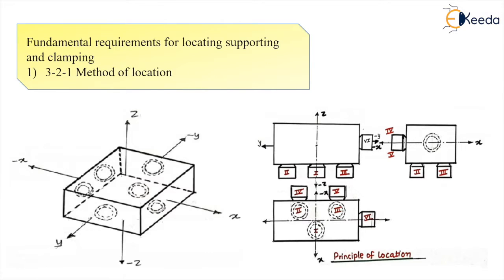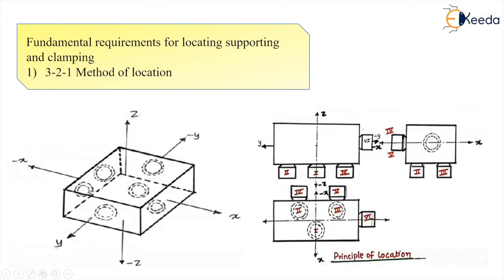So total 6 translation degrees of freedom, whereas this body or the component can also rotate in clockwise as well as anti-clockwise direction along all these three axes. So clockwise and anti-clockwise rotation along the x-axis, then clockwise and anti-clockwise rotational movement along the y-axis, and clockwise and anti-clockwise movement along this z-axis.